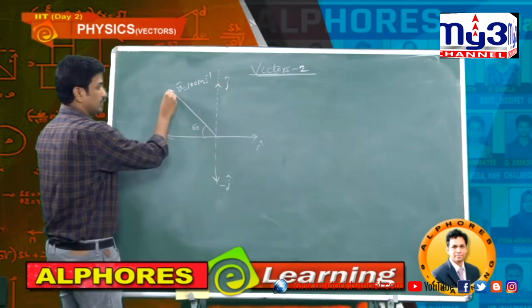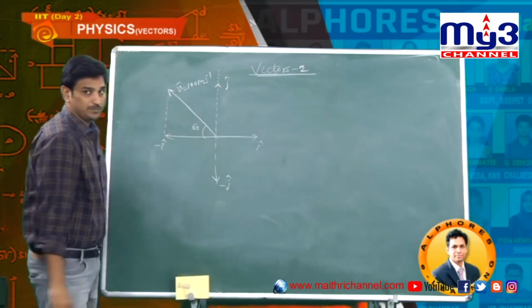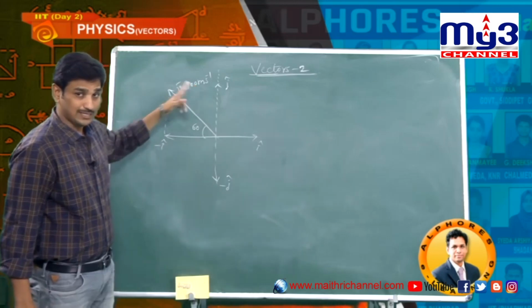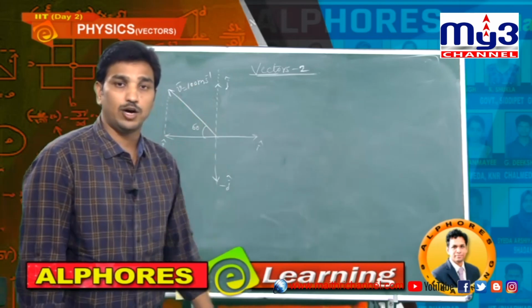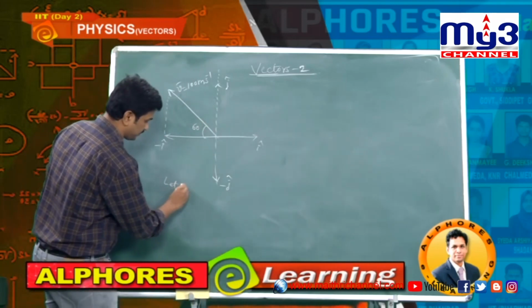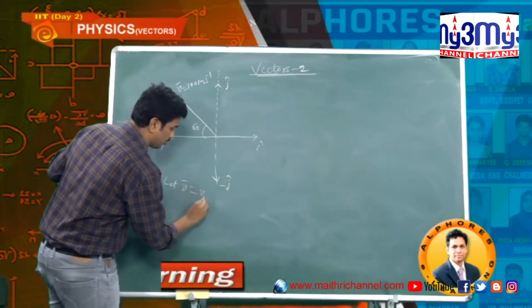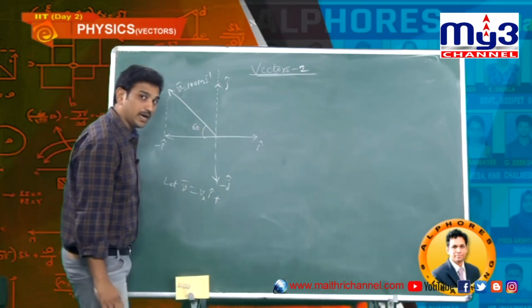Now again, I don't know the vector form of velocity. I know the magnitude, but I don't know it as a vector. This is in 2D. How many components does it have? Two components. A vector in 2D has 2 components, as we all know. A vector in 3D has 3 components. A vector in 1D has 1 component.